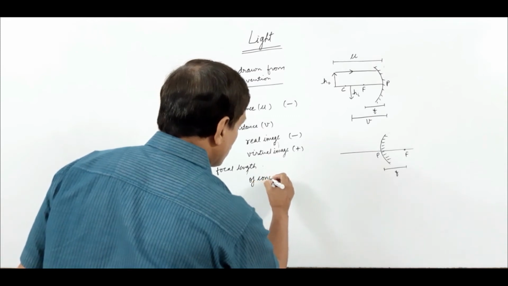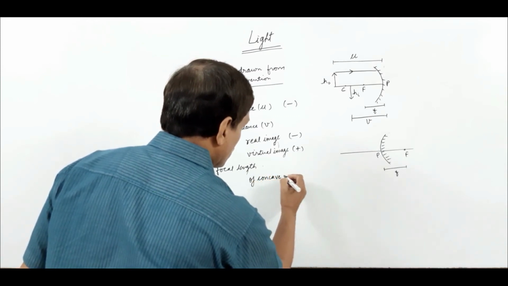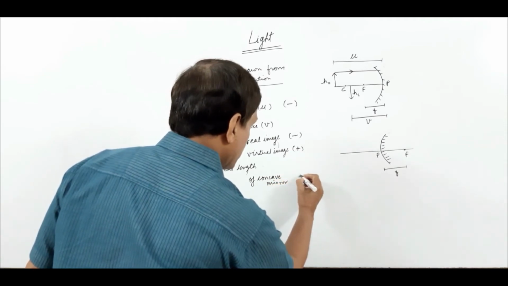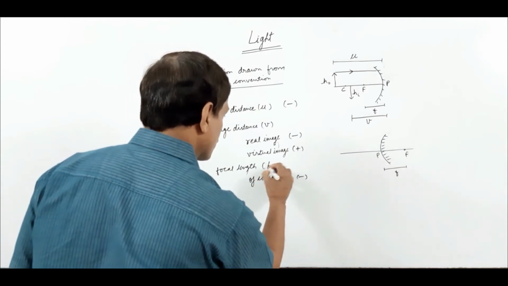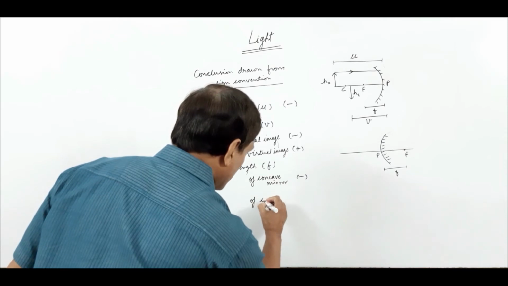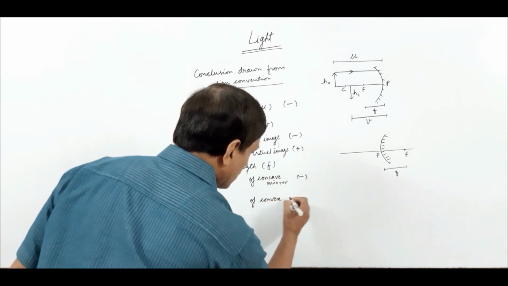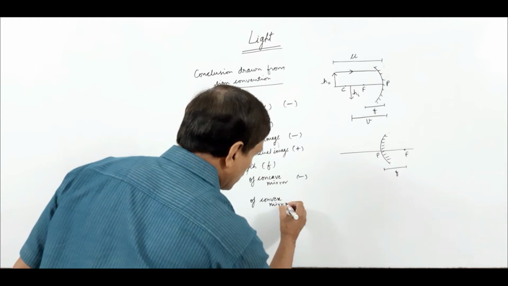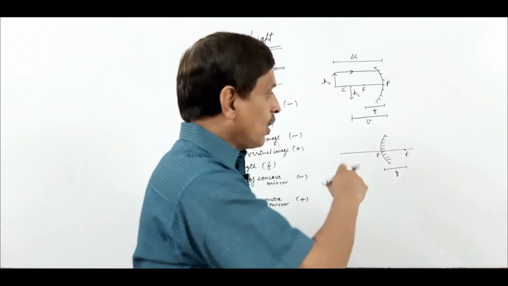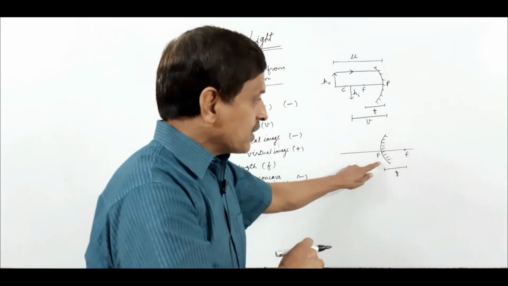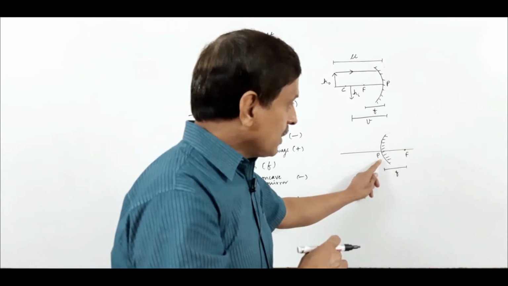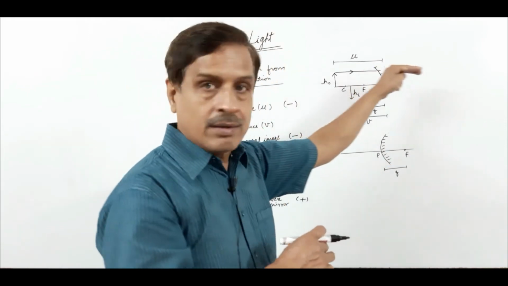Of a concave mirror, it is negative, and of a convex mirror, it is positive because the focus is a virtual point in the case of a convex mirror. So, it is behind the mirror.